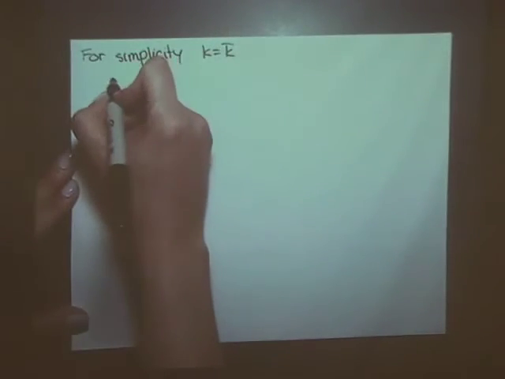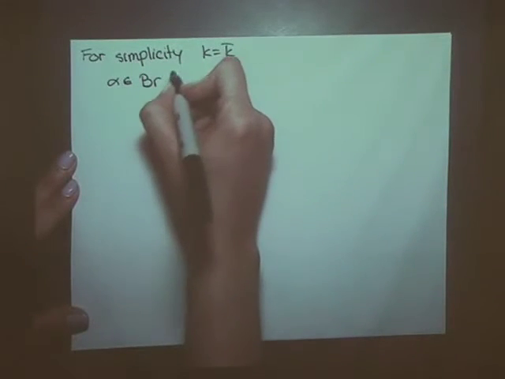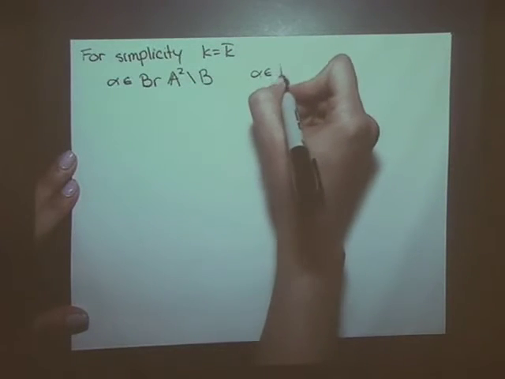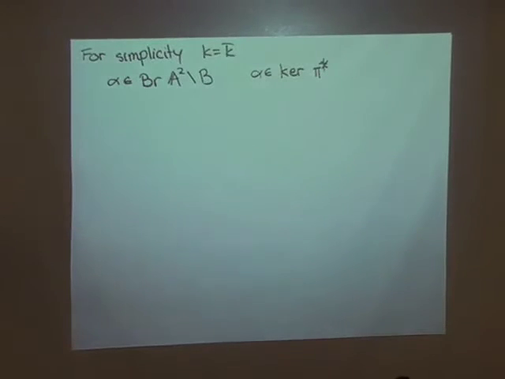Okay, so let's take alpha as an element in the Brouwer group of A2 minus B. But I know it's also in the kernel of pi upper star. So when K is algebraically closed, this is trivial.